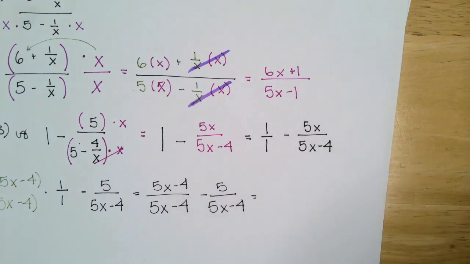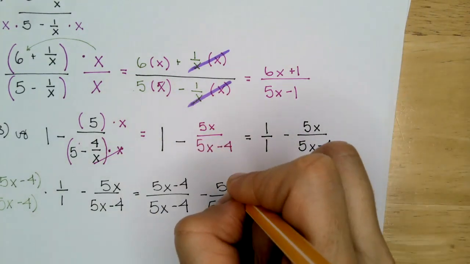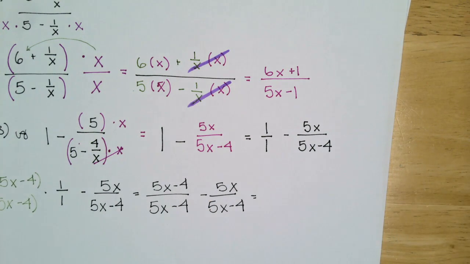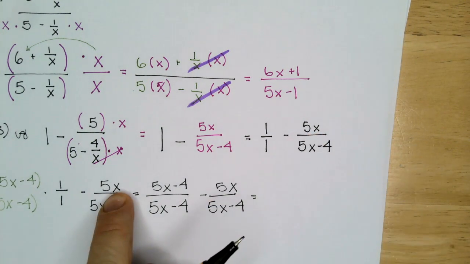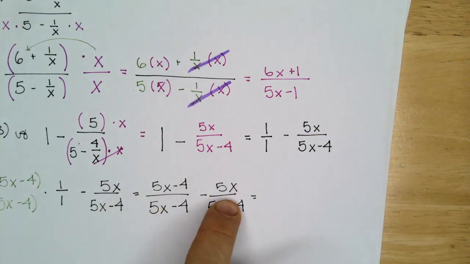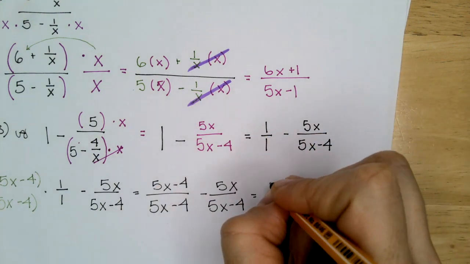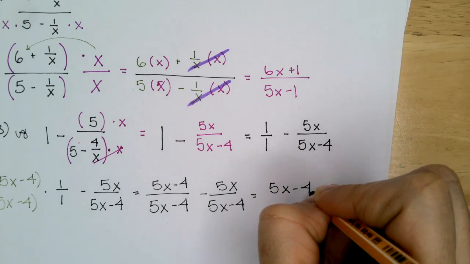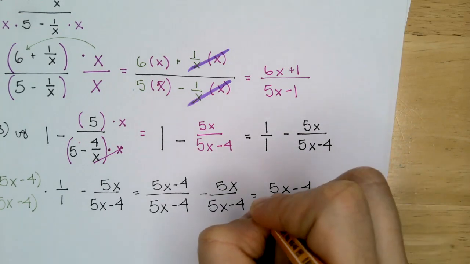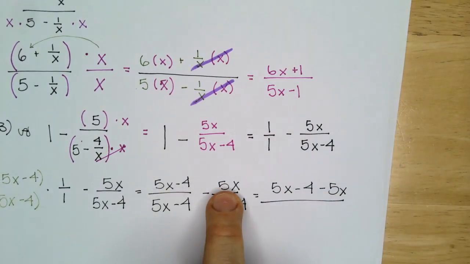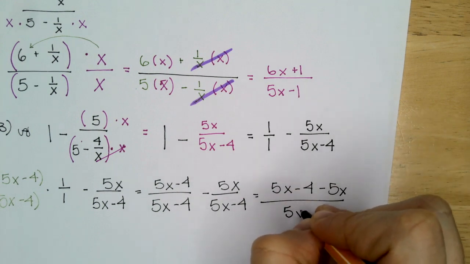So we have, oh, sorry, it's 5x. It was a 5x up here and I called it a 5 down here. So we have 5x minus 4 minus 5x over 5x minus 4.